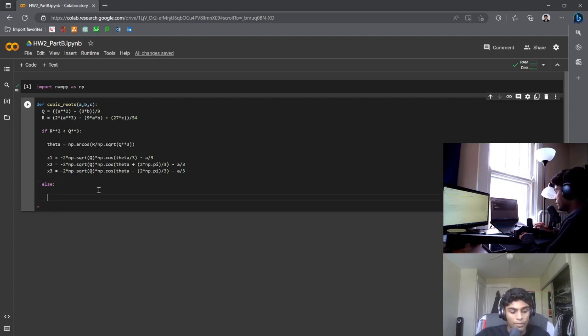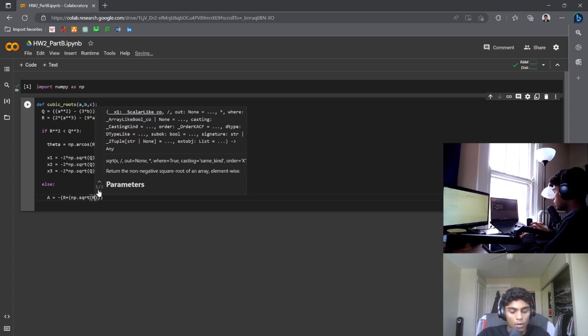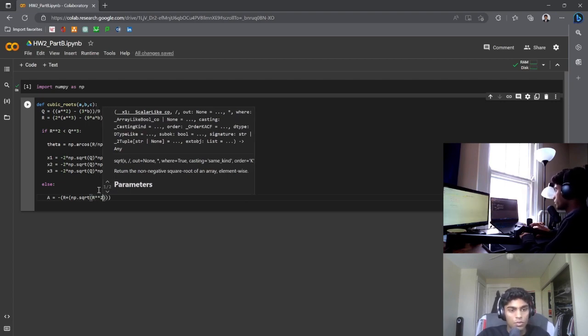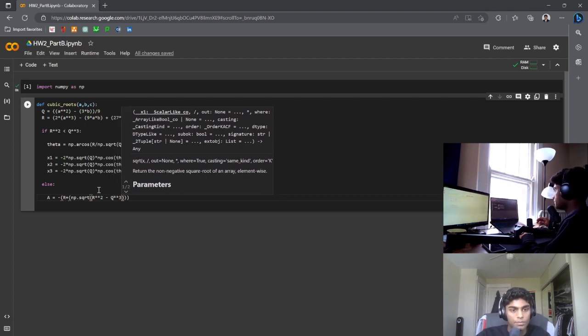Else, we're going to have an a value that is equal to negative r plus np.sqrt of r squared minus q cubed.